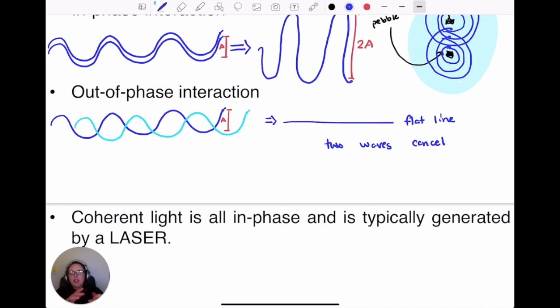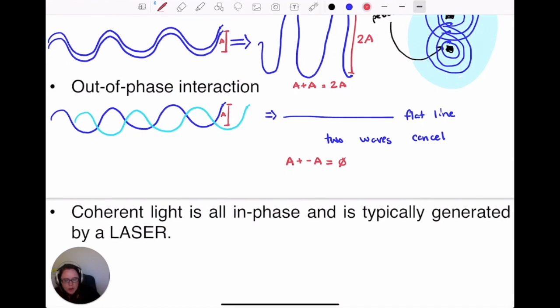You can think of it pictorially and mathematically. In the in-phase case, we'd have A plus A, so those two amplitudes add and we get 2A. With our out-of-phase interaction, mathematically we'd have our positive amplitude plus our negative amplitude going down, and that just equals 0.